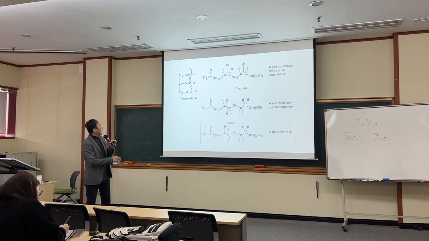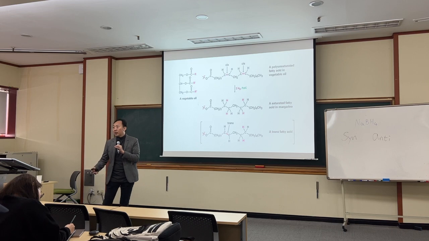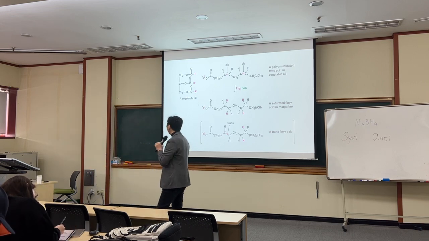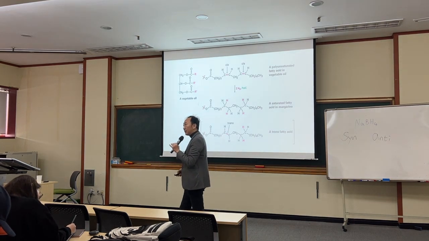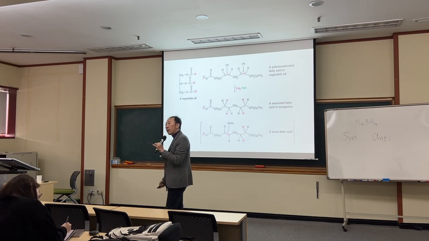And if you reduce this double bond, then they become saturated. Saturated ones become more solid, like the vegetable shortening. Okay, and margarine is artificially made butter by reducing this double bond into this saturated bond.